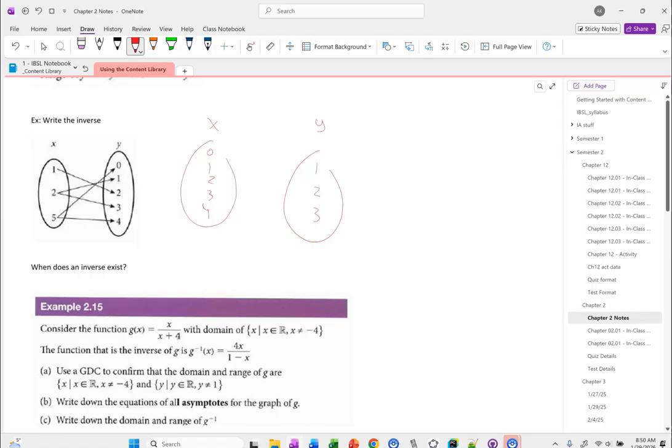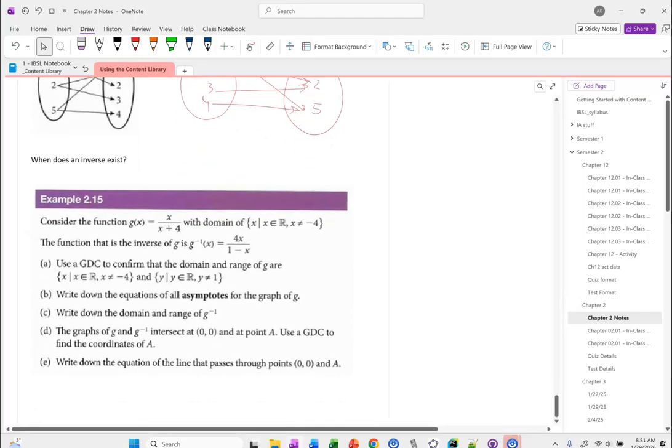So here 5 goes to 0, so 0 goes to 5. 2 goes to 1, so 1 goes to 2. 1 goes to 2, so 2 goes back to 1. 2 goes to 3, so 3 goes back to 2. And then 5 goes to 4, so 4 goes back to 5. Right. So just basically reverse the direction there.